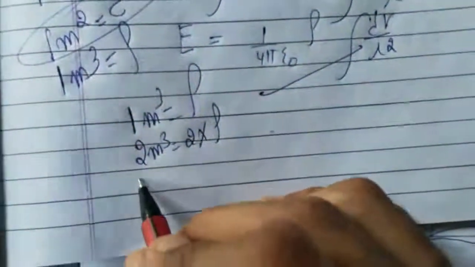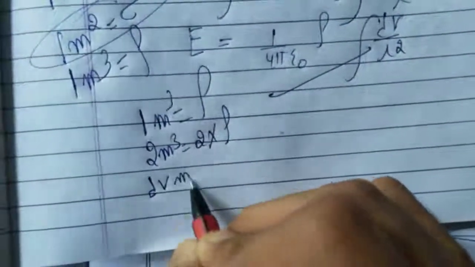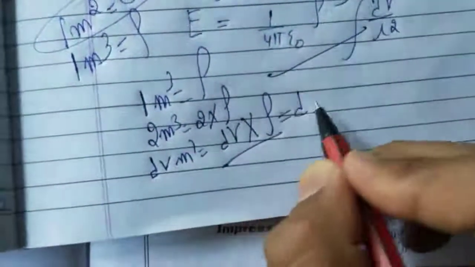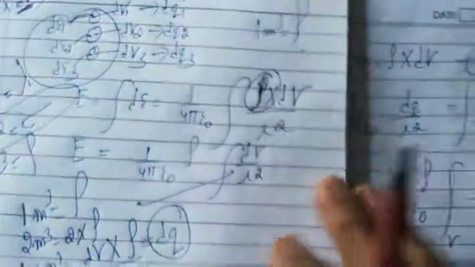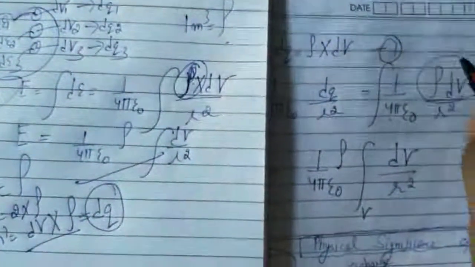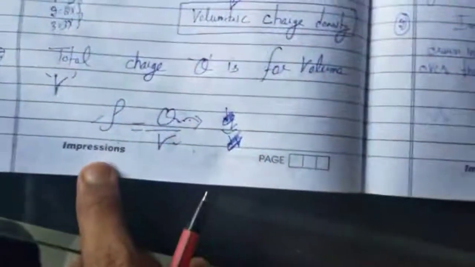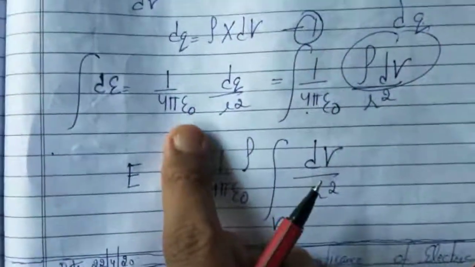Now we have considered a very small volume dv. What is the charge? dv into rho. This is the charge, and we denote this small charge by dq. So that's why we put dq equal to dv into rho. So this is the concept. You know that small dq is equal to rho into dv. Integration of dE, 1 upon 4 pi epsilon naught constant.